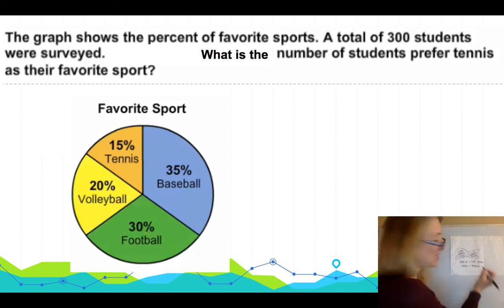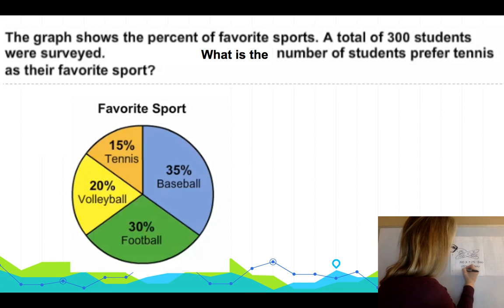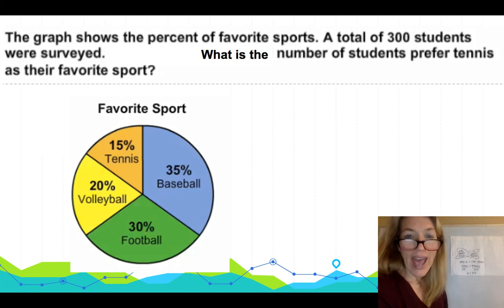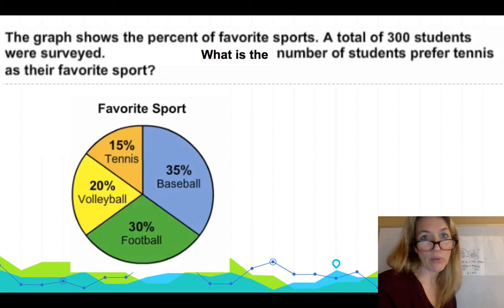Now I'm just going to divide by 100, and x equals 45. So out of those 300 students that were surveyed, 45 of those students actually preferred tennis.